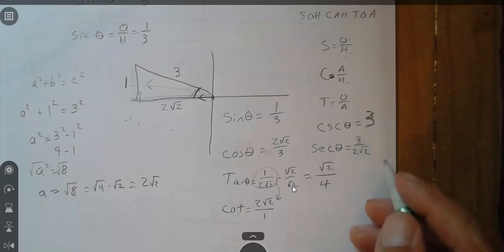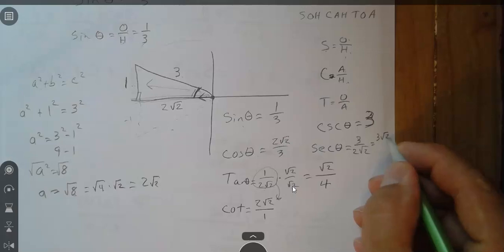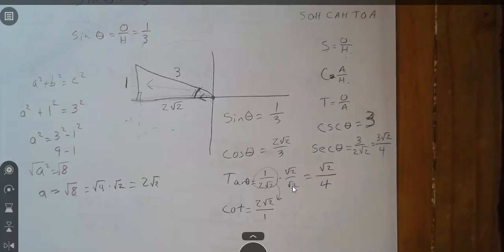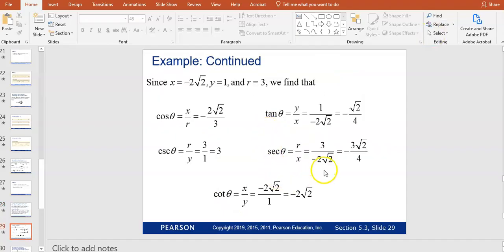I'm going to end up with 4 on the bottom and root 2. So I'm going to have 3 root 2 over 4. So those are my other functions once I've been given that. So it says come up with the remaining 5. And there we go.